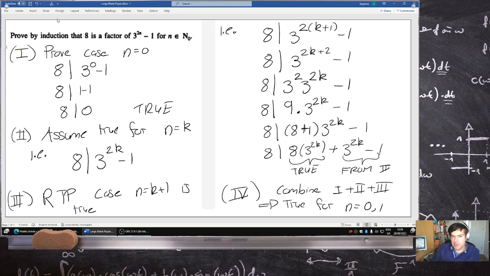And if 1 is true, then 2 and 3 together imply it's true for 2, and so on. So there you go. We've proven that 8 is always a factor. That means that 8 divides into this term where n is a natural number including 0. Yeah, so that's not too bad.